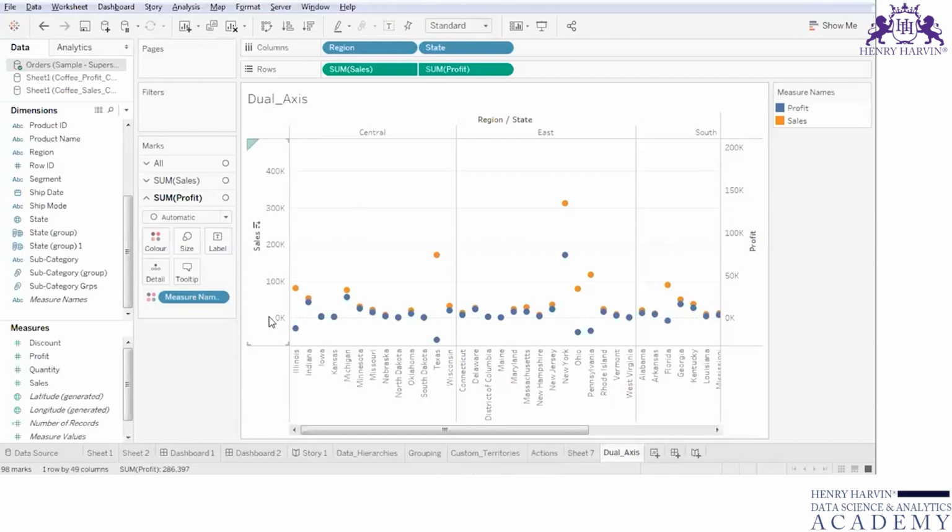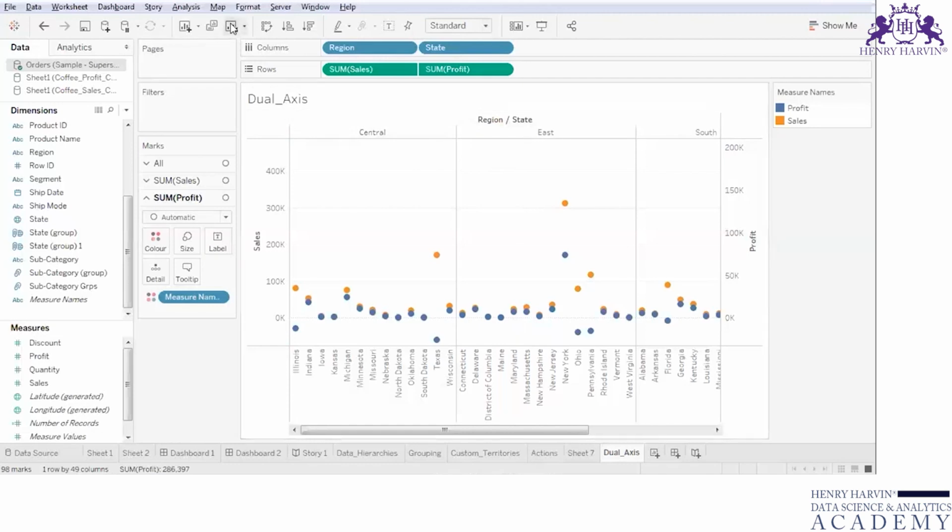But since there are two measures which have got different scales, profits range from negative value to positive value, whereas sales are always greater than or equal to zero. Both these axes are quite different from each other, but still they have been plotted together to show the sales and profit generated by each state within each region. Now we'll see how to create such a dual axis chart.